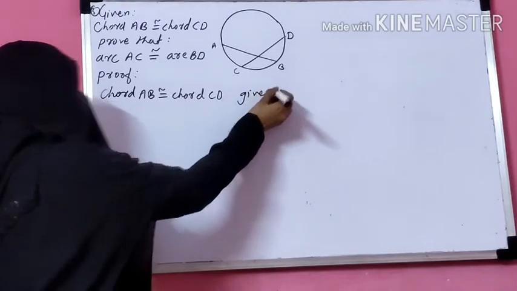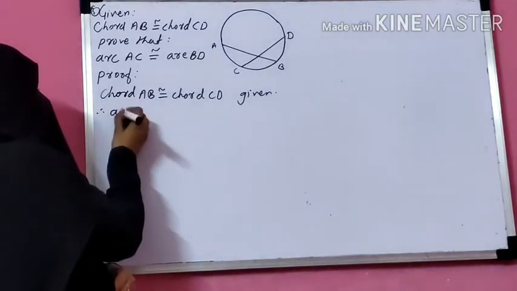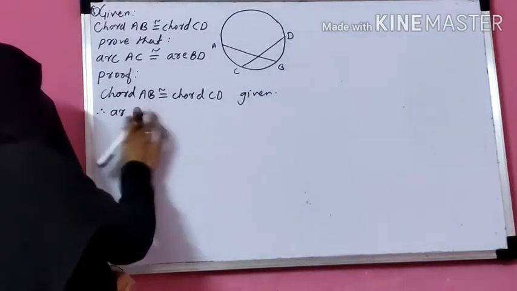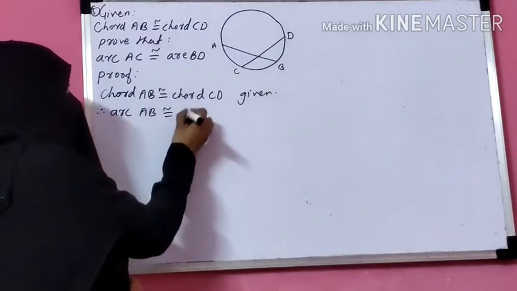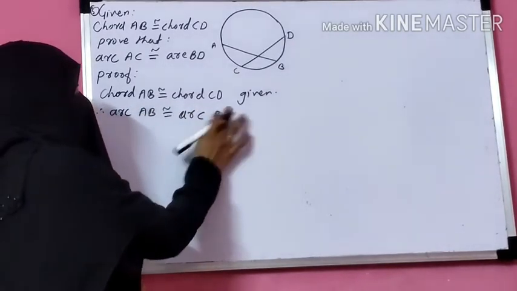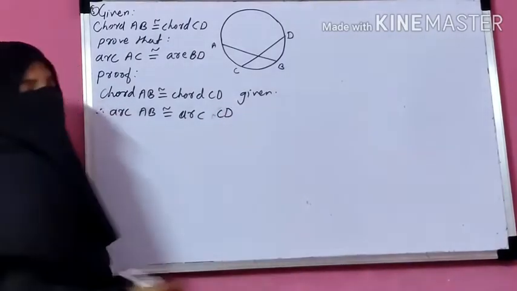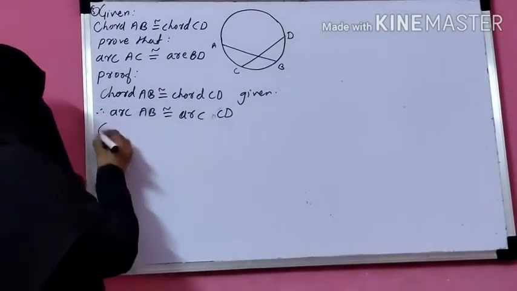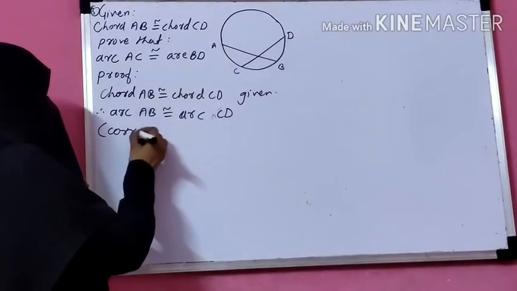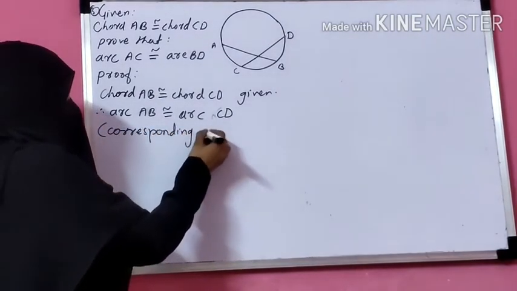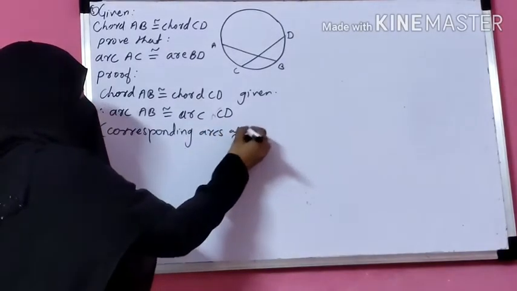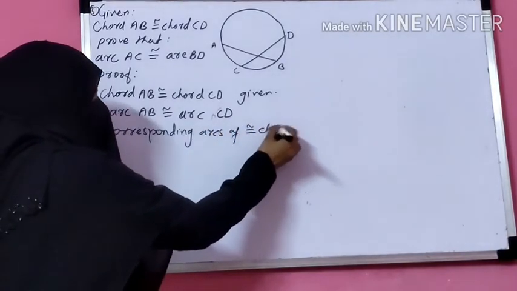So therefore arc AB is also congruent to arc CD. The reason is corresponding arcs of congruent chords. Write the reason: corresponding arcs of congruent chords.